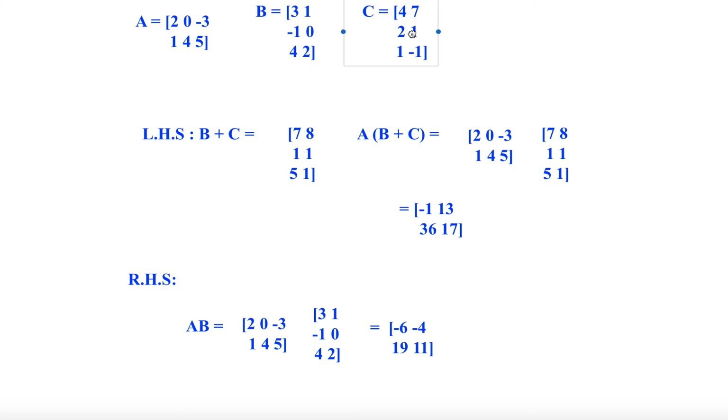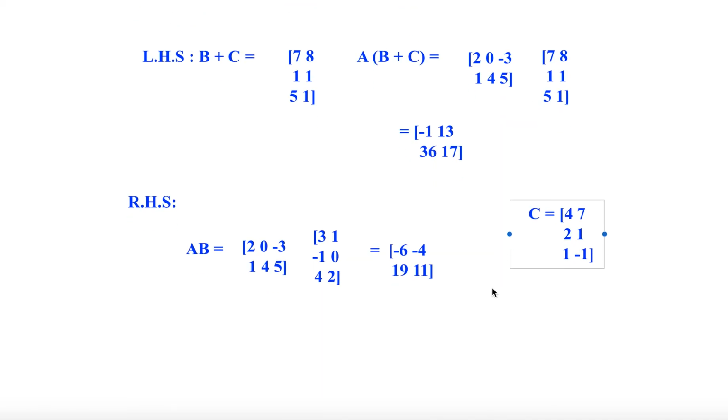A we know, C we have to copy. Similarly, this is AC. This is A, let's use that one A directly. What about C?